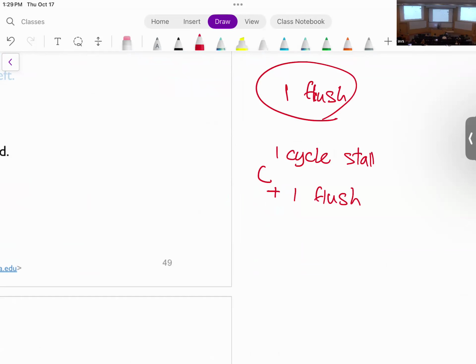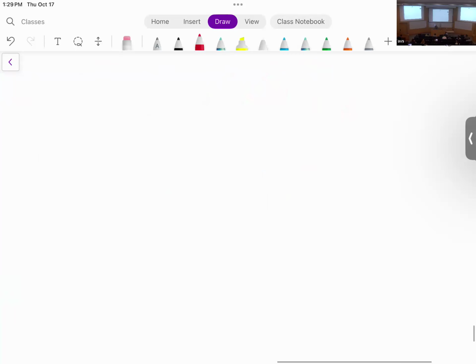Questions? All right, let me quickly summarize the things that we discussed. We started with control flow hazards. The problem was that I have a sequence of instructions and I reach a branch.